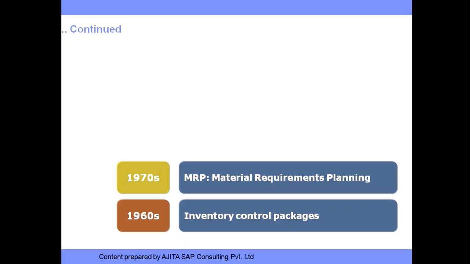In the 1970s, apart from inventory control packages, there was something called material requirement planning. So material requirement planning is basically when you have a sales forecast, like if you know that this is my demand, and these many units of the finished products I'm selling every month, then you can plan your production, you can plan your requirements of the material, because you know what goes into making that finished product, and you can use a system to see how much material you need, and you can run a material requirements planning.